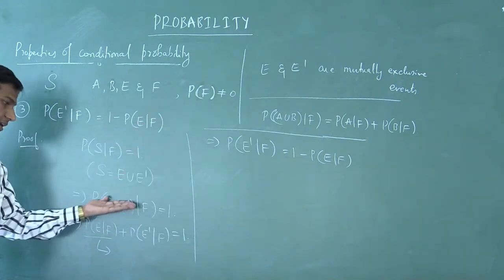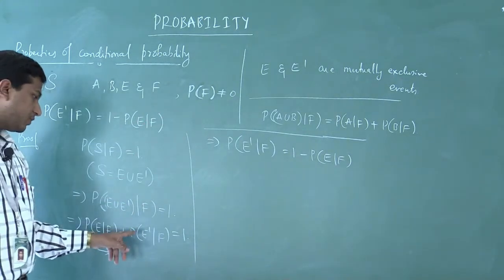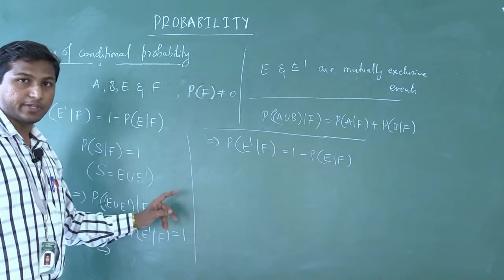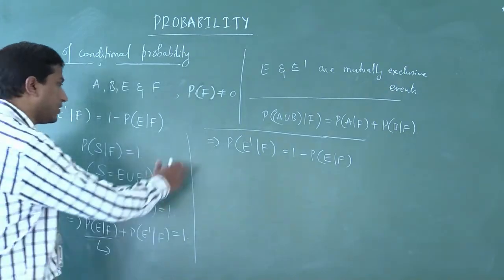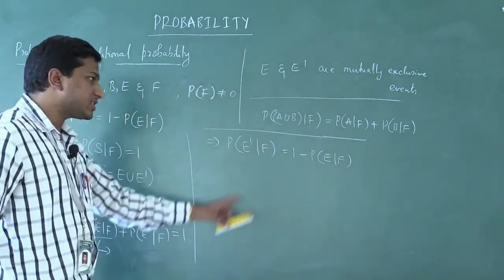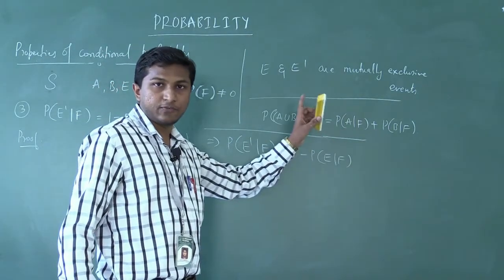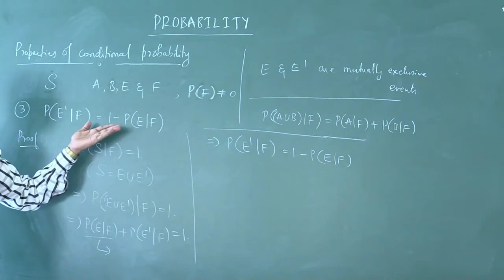So this LHS becomes P of E bar F plus P of E dash bar F equals 1. Taking this term to the RHS, we have P of E dash bar F equals 1 minus P of E bar F. So we have proved property number 3.